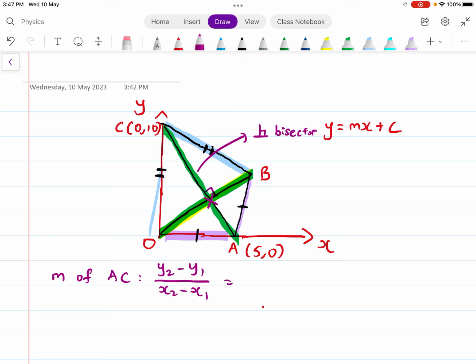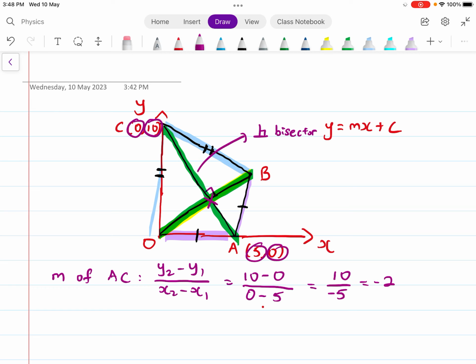Let's sub in the numbers. Let's put 10 first: 10 minus 0 over 0 minus 5. If you calculate, you get 10 over negative 5, which is equal to negative 2. So the gradient of AC is negative 2.